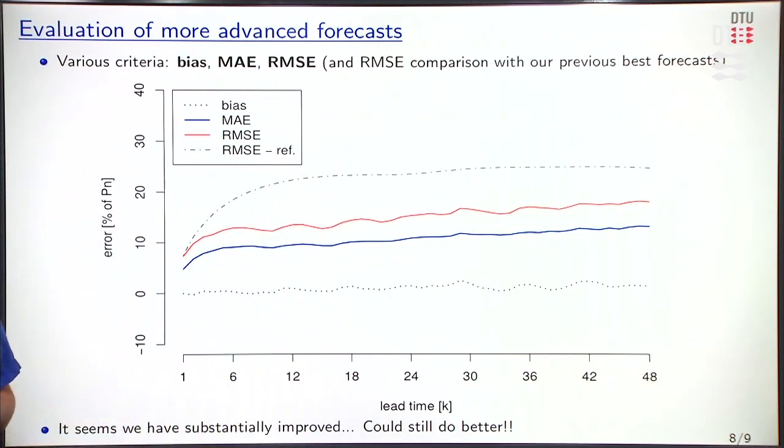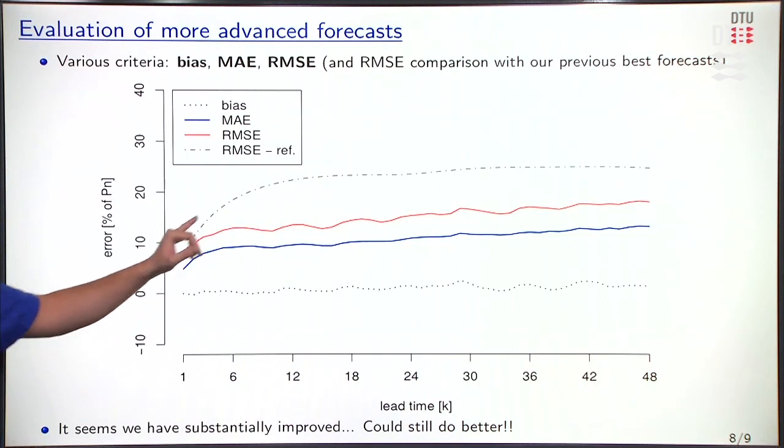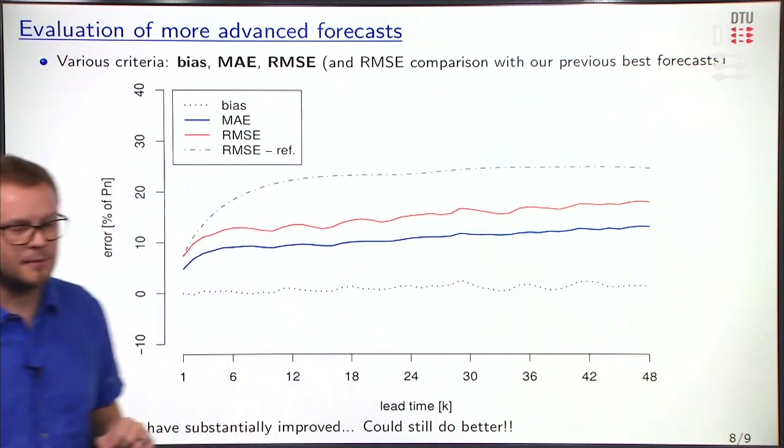So remember already with this combination of persistence and climatology, we got a fairly good performance. This is here with RMSE varying between 8% and 25%.